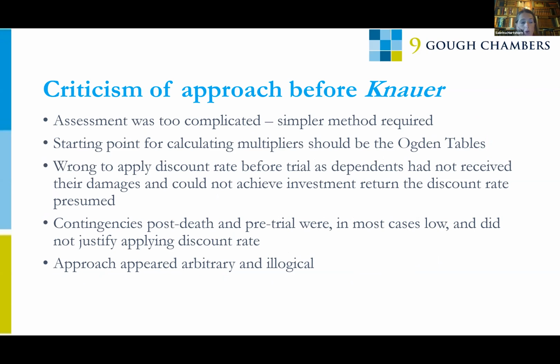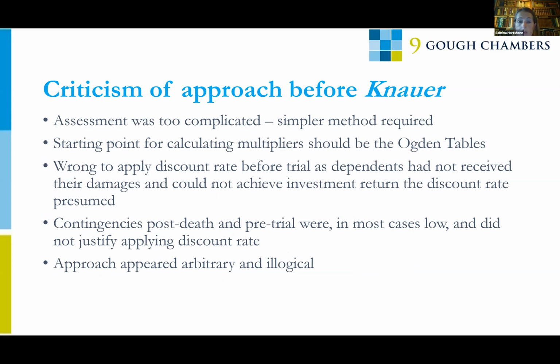So what was wrong with Cookson and Knowles and the way that they did it then? Well, it was all really a little bit too complicated. A simpler method was required. And given the decision in Wells and Wells, the starting point for calculating multipliers should essentially be the Ogden tables.